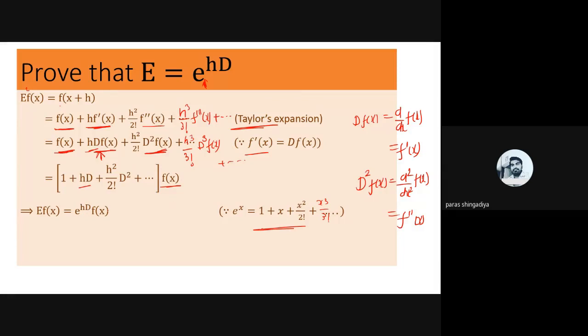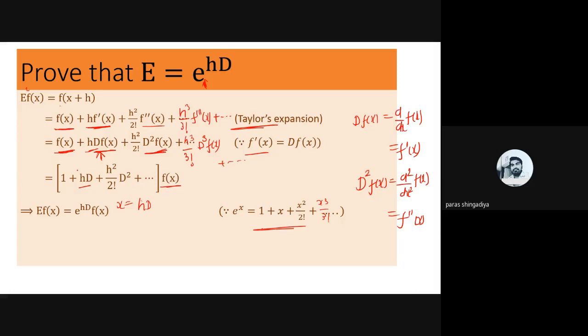Okay, just compare this bracket with this series. So in place of x, we have h into D. So just compare with this: 1 plus hD plus h square D square by 2 factorial plus h cube D cube by 3 factorial plus, and so on.